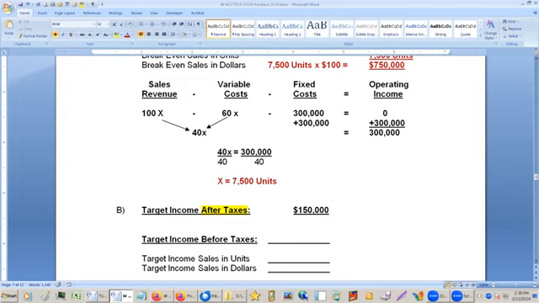We're going to divide our after tax income that we desire by 100% minus the tax rate. And this will get us our before tax income, which we can fit right into our equation.